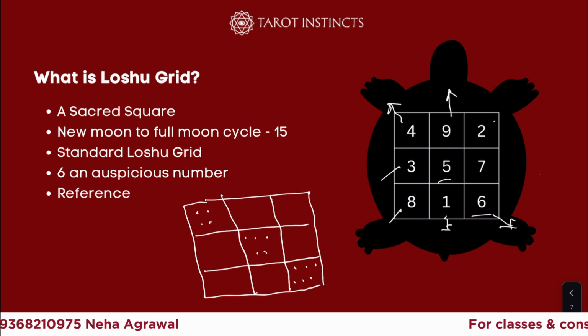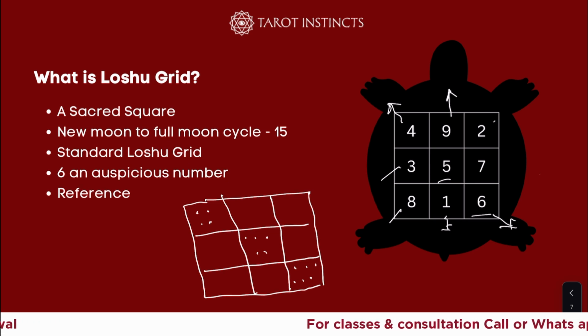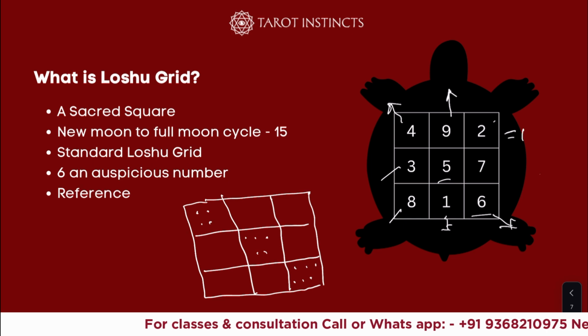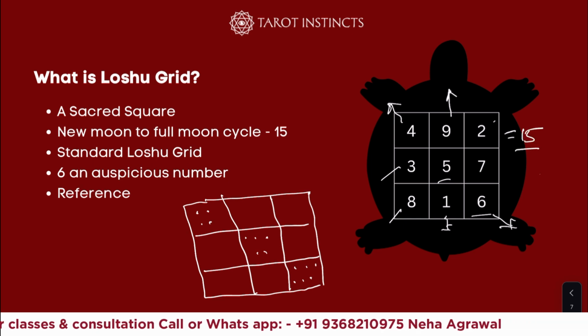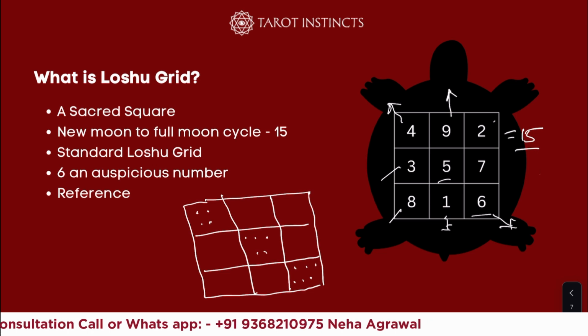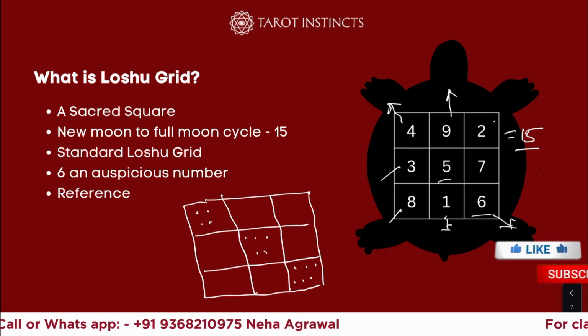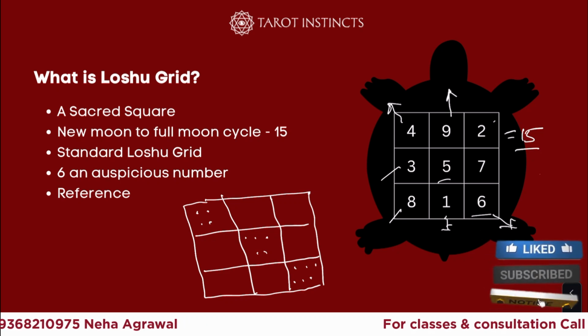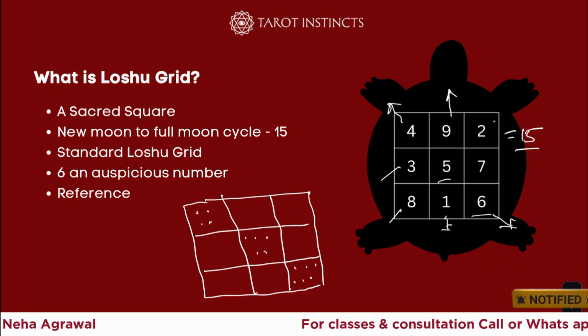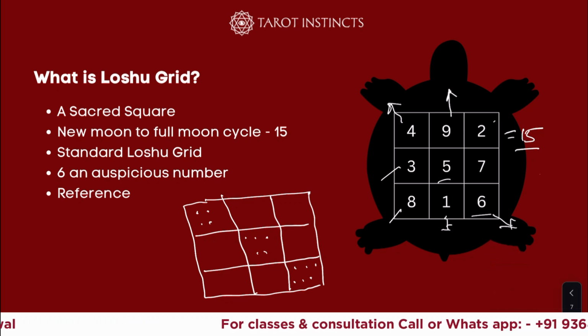Secondly, the directions given to them, the cardinal directions, are also a reason. Also, I forgot to mention one thing. When these numbers add up to 15, this 15 corresponds to the moon cycle. We all know that the lunar eclipse and the solar eclipse fall around every 15 days.